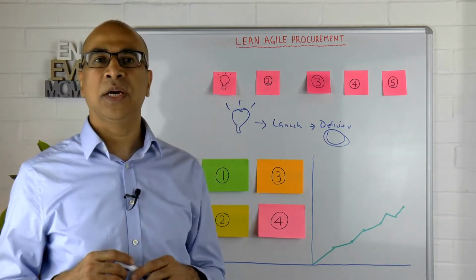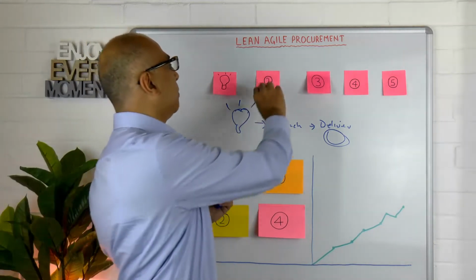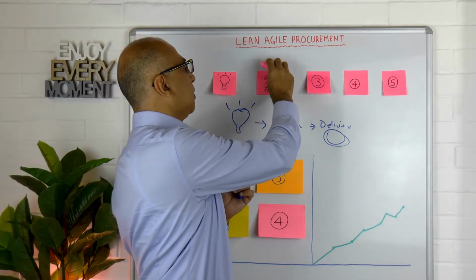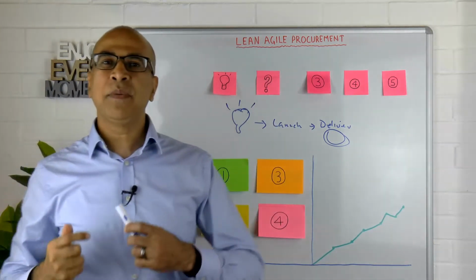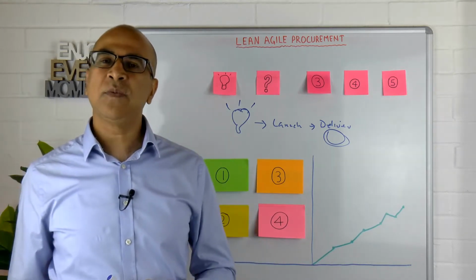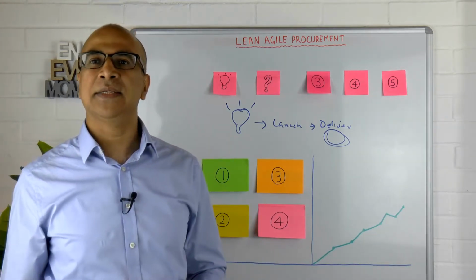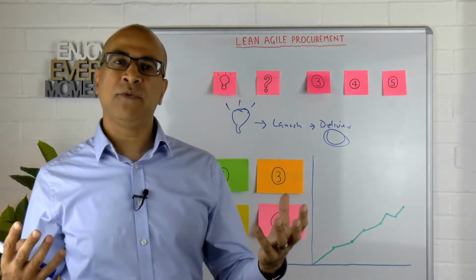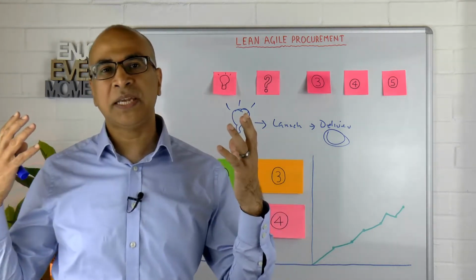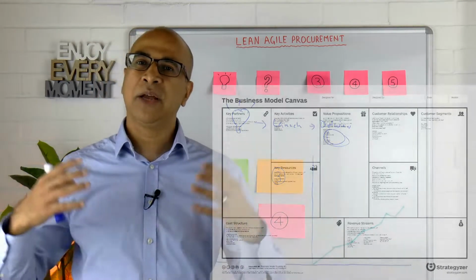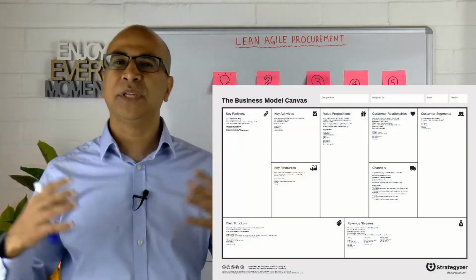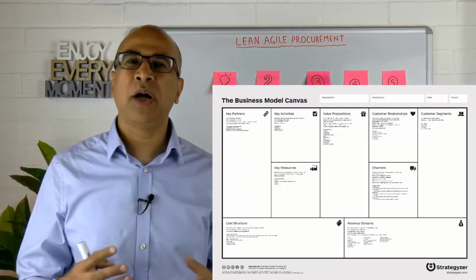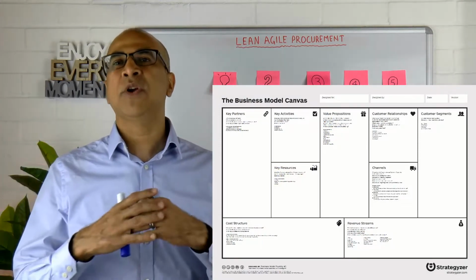Next stage, we want to get a little bit more detail on that. This is where we put together our business case. The business case may be in any form really, but typically it's a business model canvas where we outline our key value propositions, key activities, partners, channels, revenue streams, all of that.